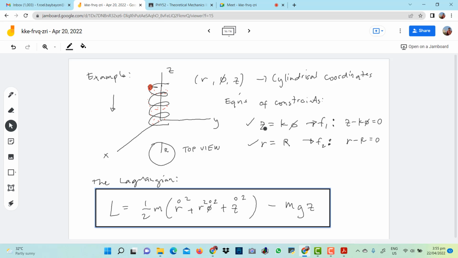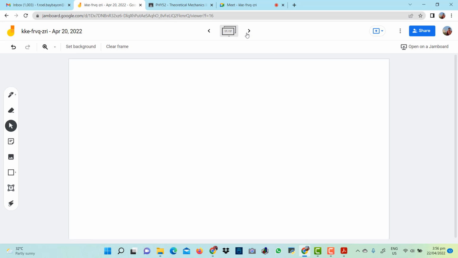I'll leave method number 1 to you. Using Euler-Lagrange you can solve for the equation of motion. Let's do the Lagrange multiplier.